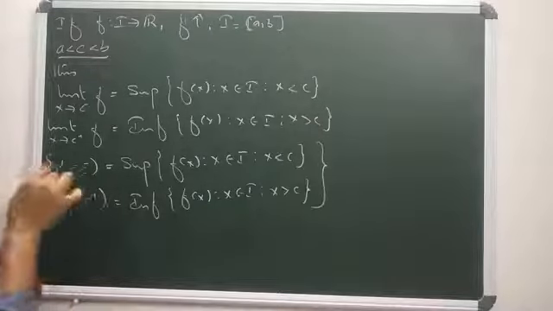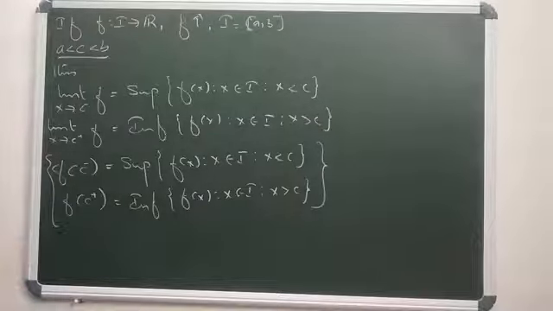So these are the two results. If f is an increasing function, then f(c+) and f(c−) are defined in terms of the supremum and infimum of the given increasing function f.